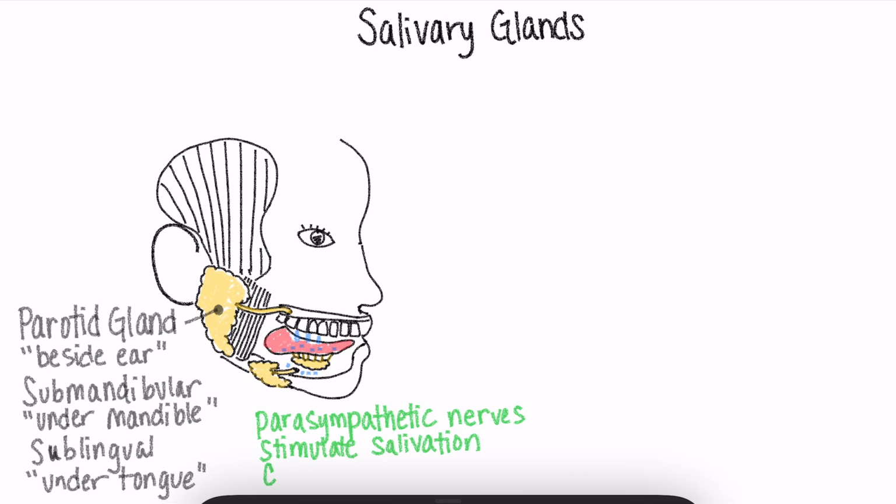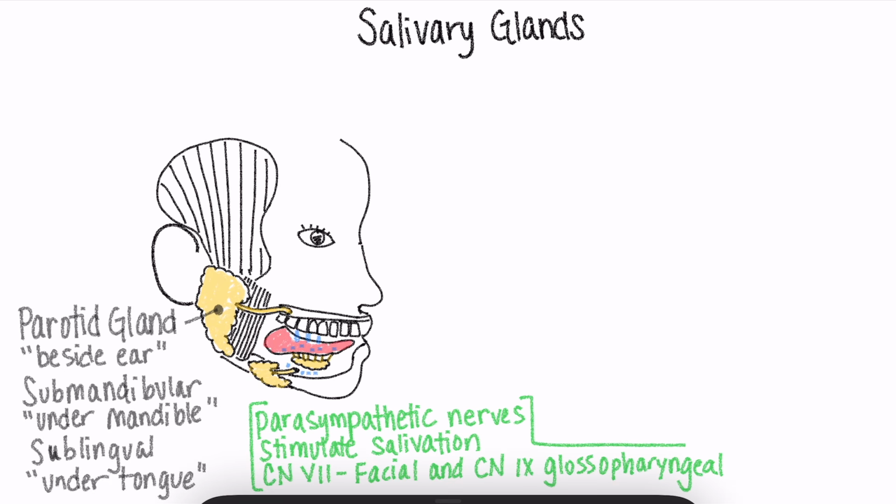And there are 2 cranial nerves. There's cranial nerve number 7, which is the facial, and cranial nerve number 9, which is the glossopharyngeal. That means tongue and throat. So those are the 2 nerves that are most associated with stimulating salivation.